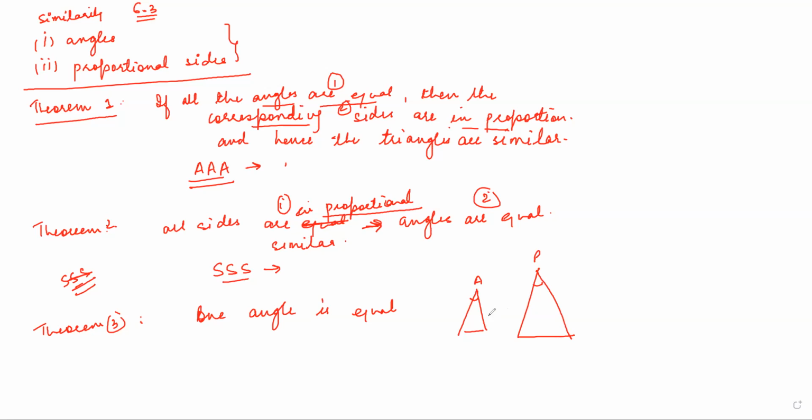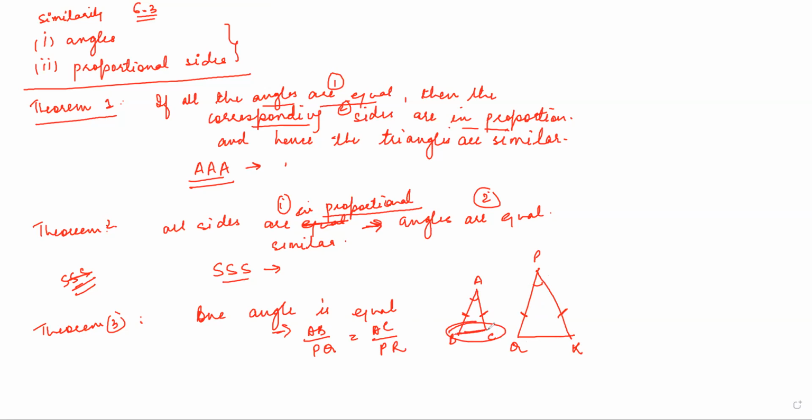So the theorem says that if these two angles are equal, then the sides which are actually forming the angle, these two sides and these two sides, will be in proportion. All right. So BC and QR. So if angles are equal, ultimately this means that AB by PQ will be equal to AC by PR. So only these two sides, between which the angle is formed. Do not take this one.